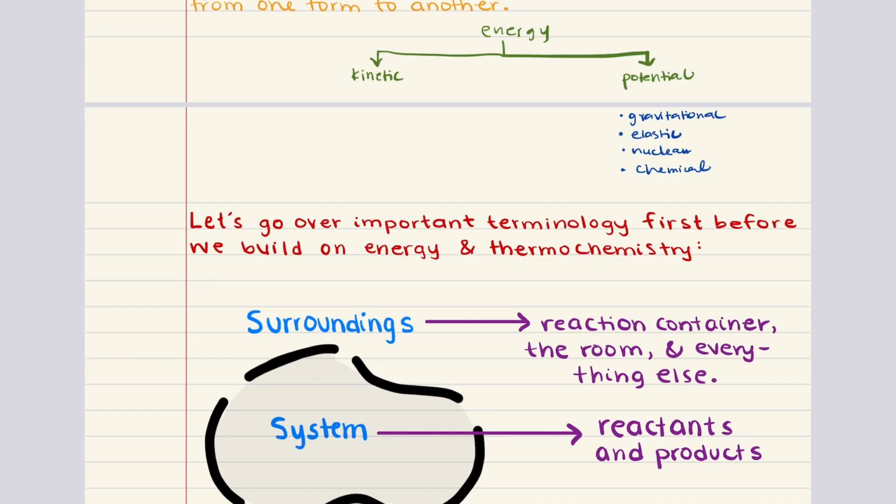The second broad category is kinetic energy. The kinetic energy of an object is energy due to the motion of the object. And like potential energy, there are various types of kinetic energy. They include motion kinetic energy. This is the energy of an object in motion.